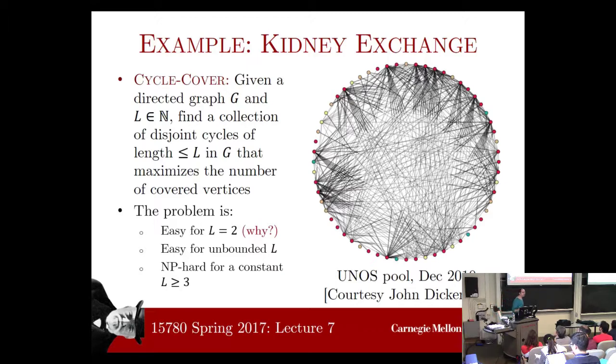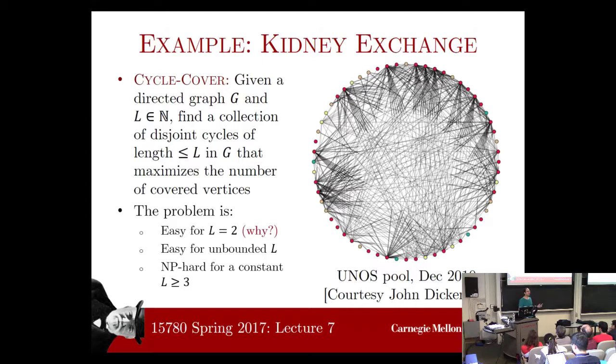Now another interesting thing, here's where it gets interesting. If I don't give you a bound on the cycle length, for unbounded L, the problem is also easy. So if I tell you I'm not imposing any bound, the problem is going to be easy. However, if I give you a constant bound like 3, so I tell you you have to use cycles of length at most 3, then the problem is NP-hard.